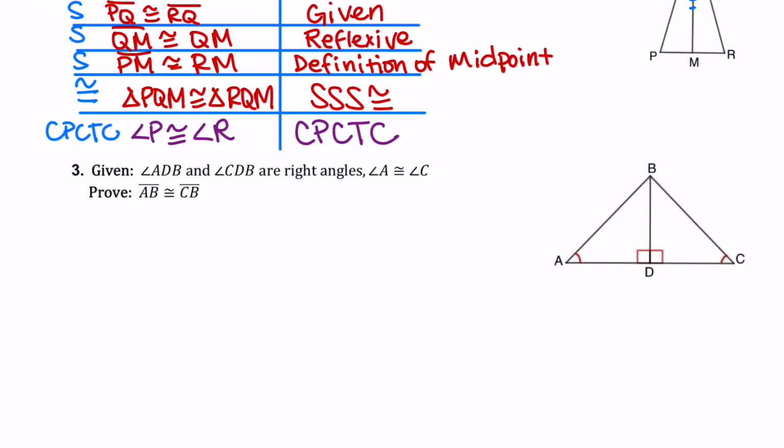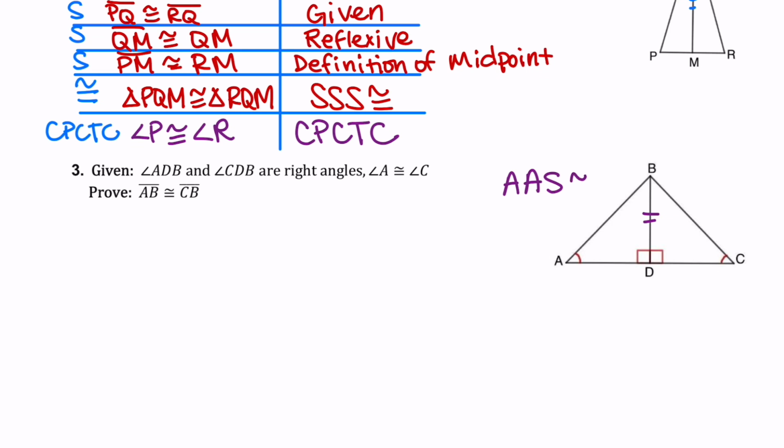The last one is going to be very similar. We want to show that these triangles are congruent. And so we have two right angles right here. We have a reflexive line, and we have two other angles that are the same. So this would be angle, angle, side.